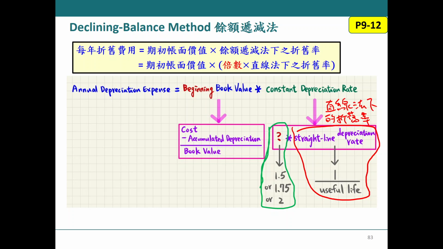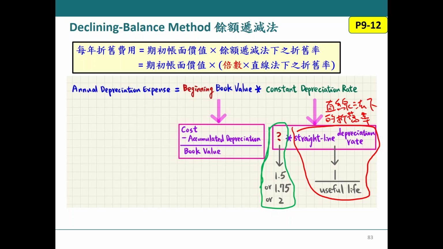So straight line depreciation rate is how many percentage our value decreases each year. But remember, straight line means each year the same, right? So 1 divided by useful life means each year your value decreases how many percentage.